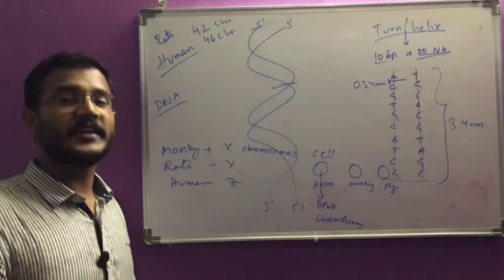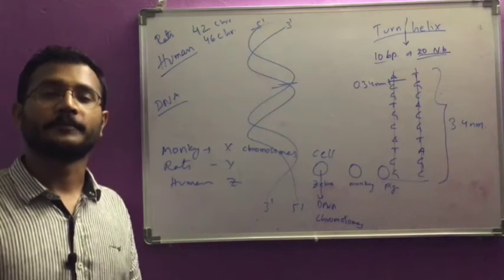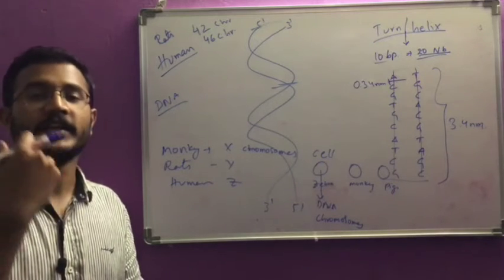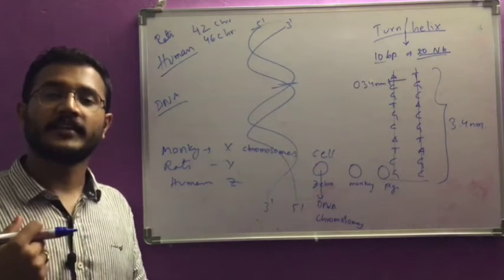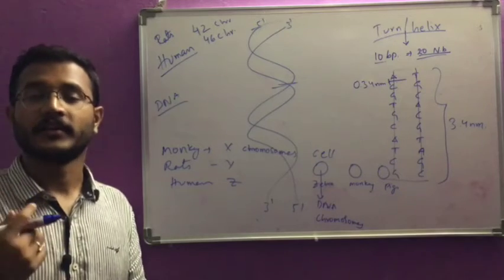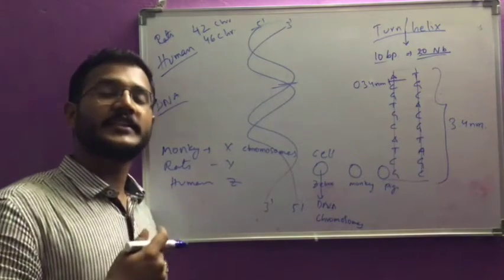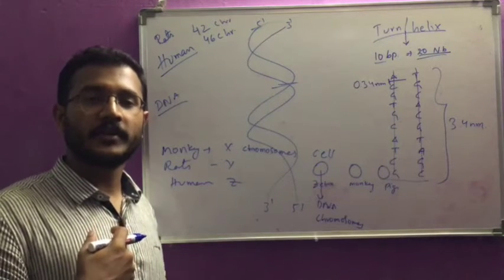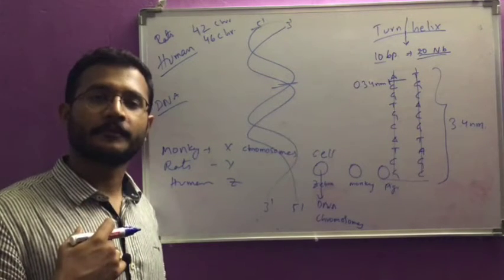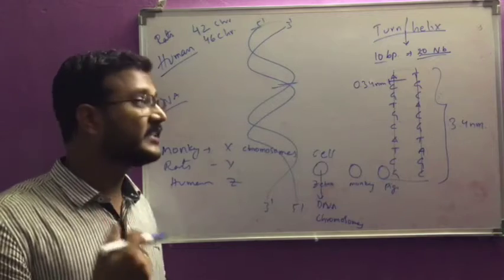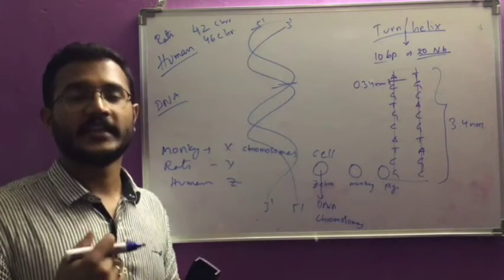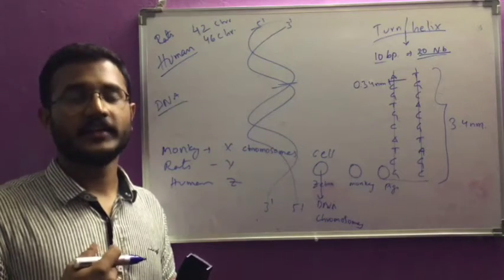Even identical twins are not the same according to their DNA structure. They may look the same externally, but their DNA structure is not the same. How is it possible? The number of chromosomes is the same, but the arrangement is different between each and every organism of a species.